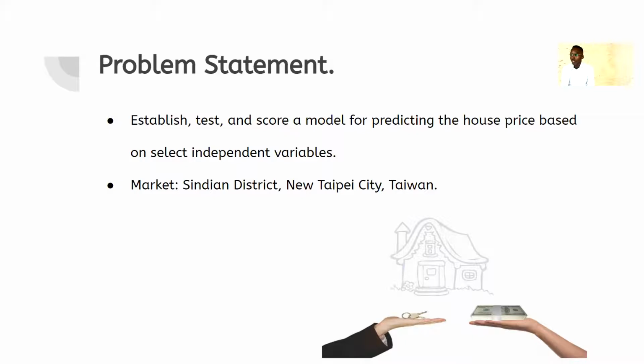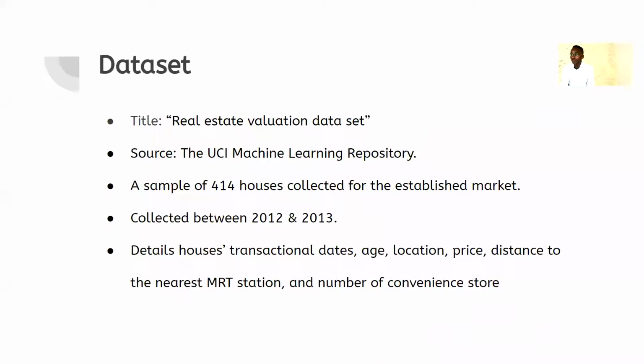This dataset is from the market in New Taipei City, Taiwan. So the data is sourced from that market. Again, the title of the dataset is Real Estate Valuation Dataset. It's sourced from the UCI Machine Learning Repository.